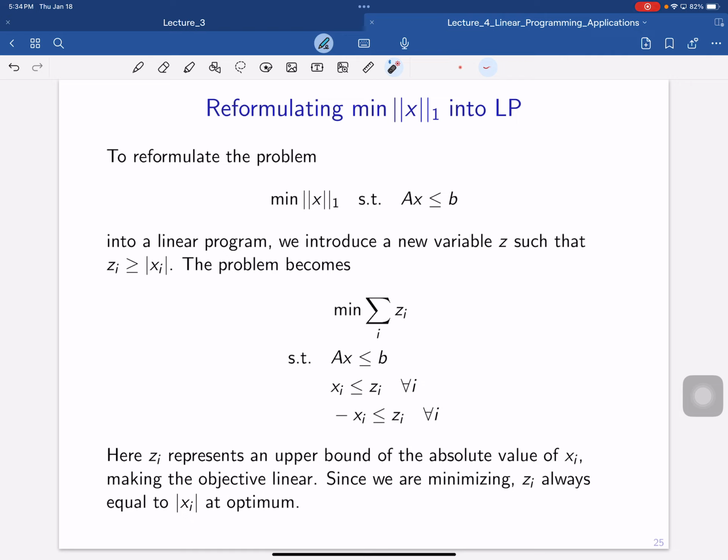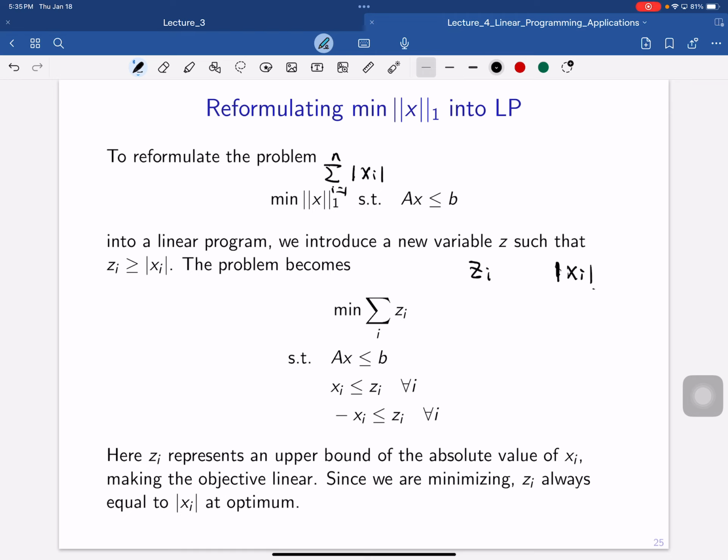Okay, so the way we do that is to introduce an additional variable. We call it z_i. So recall that the one norm is nothing but the sum of the absolute value of x_i, i from 1 to n, right? So we are going to introduce a z_i variable to represent the absolute value of x_i.